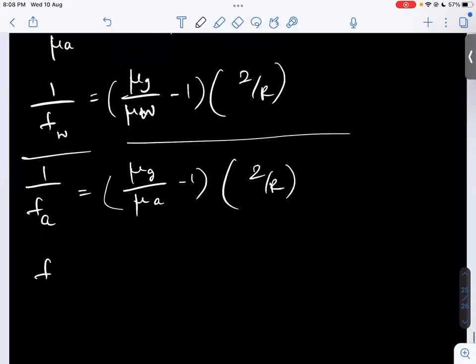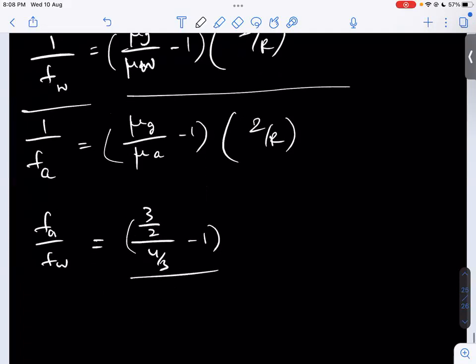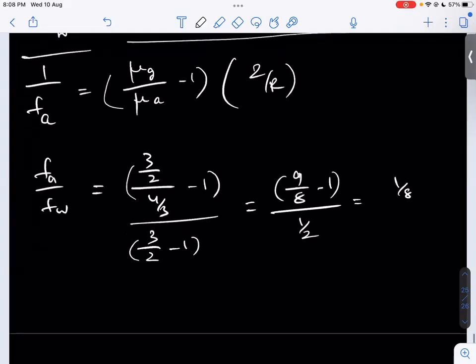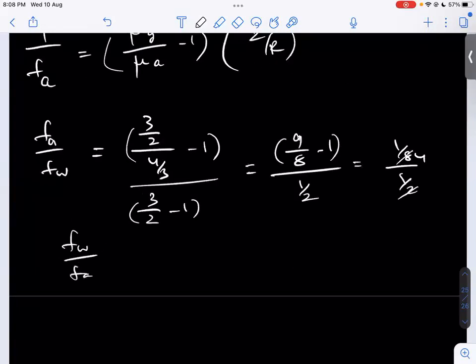Fa divided by Fw is equal to mu g by mu w minus 1 divided by mu g minus 1. Mu g is 3 by 2, mu w is 4 by 3. So 9 by 8 minus 1 divided by half. So Fw by Fa will be 4. That's the answer.